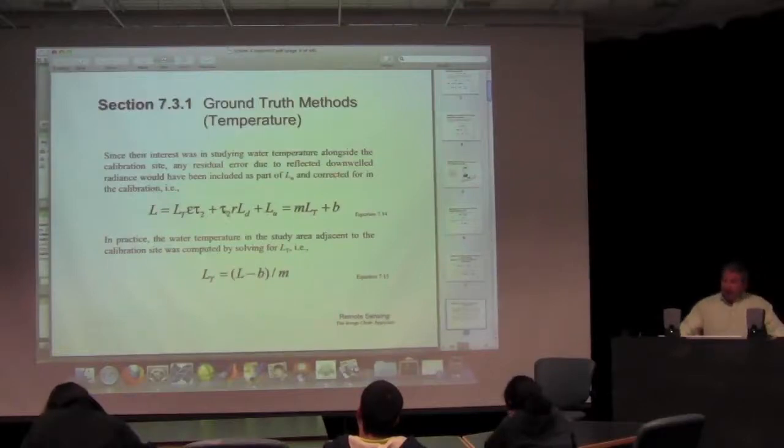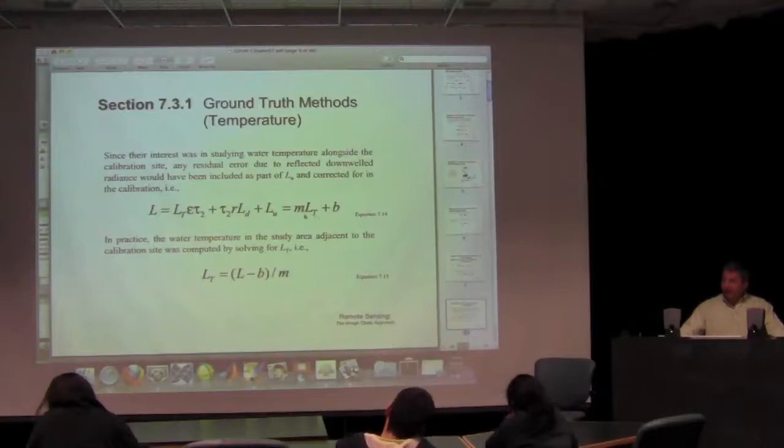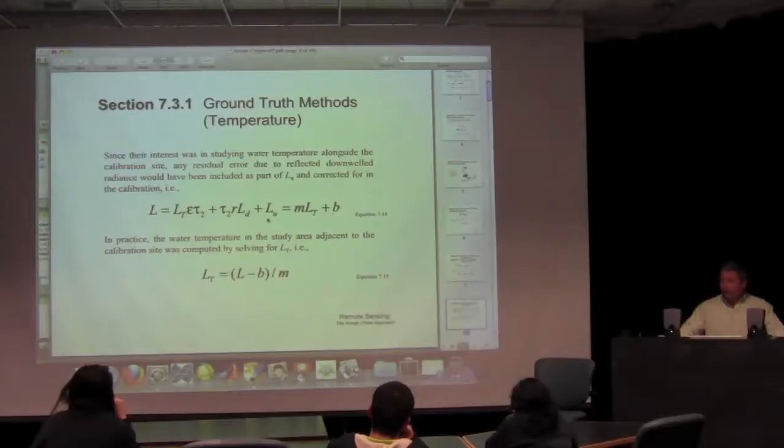Okay. Now, built into all that is the transmission up to the sensor. So your M here, if you look at this carefully, if you plot this right, if you know the radiance leaving the surface, LT, then your slope is your transmission, and your path radiance is your intercept term.